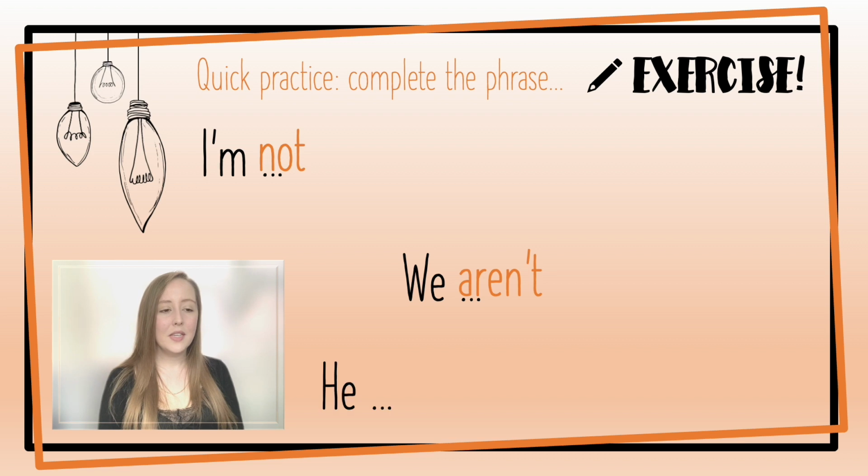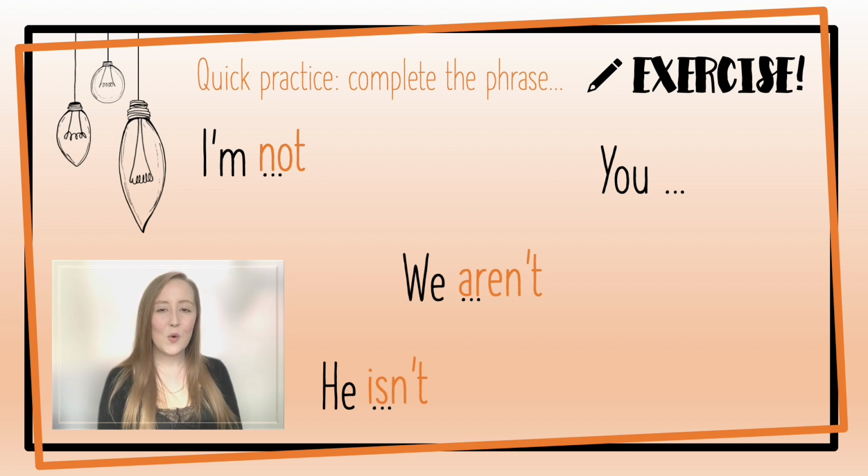Let's try another one. He. Remember, he is for male, for boys. He. Good. He isn't. He isn't Spanish. He's British. Good. Remember, he isn't is the negative form. Well done. What about you? You.